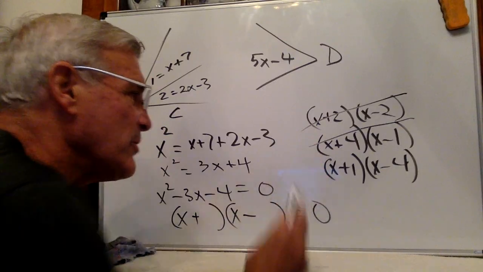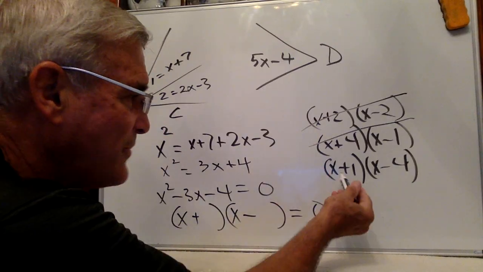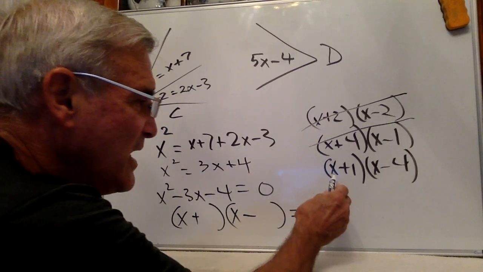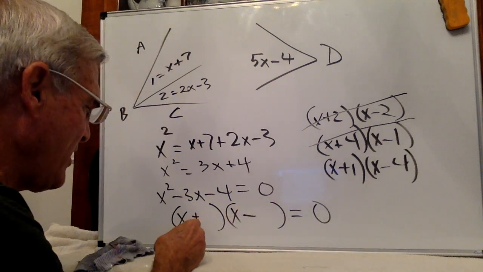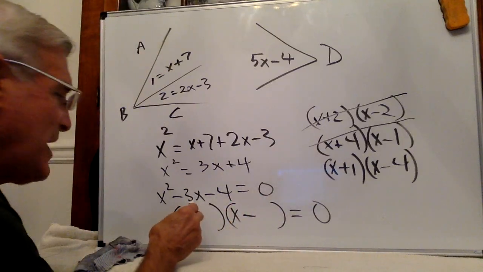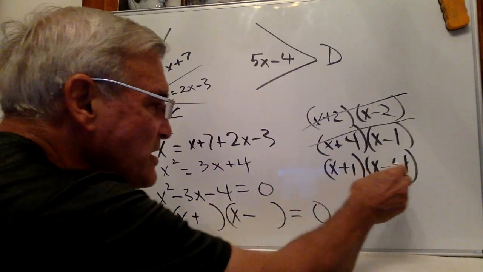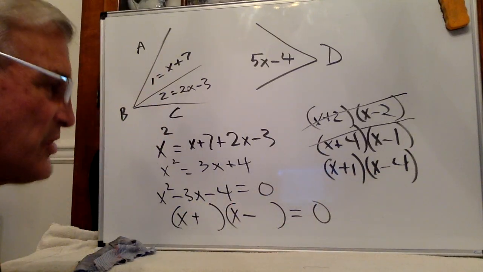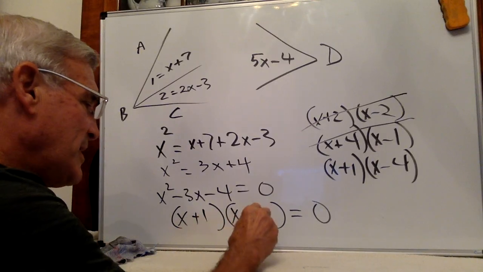This doesn't work either. Therefore, here's my only option, and let's make sure it works. X times x is x squared minus 4x plus x is minus 3x. 1 times negative 4 is negative 4. So there's your answer. Plus 1 minus 4.